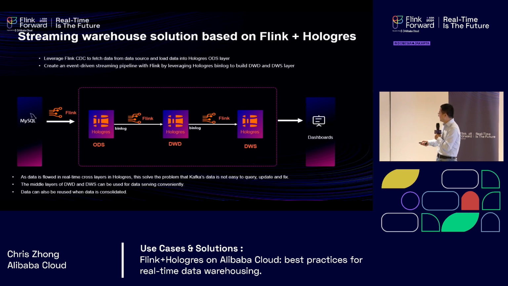Because we built layers in Hologres, for each layer the models can be reused by the applications and by data analysis for query. That's the general introduction for this reference architecture, and we will give a more detailed use case and practice in the following slides.